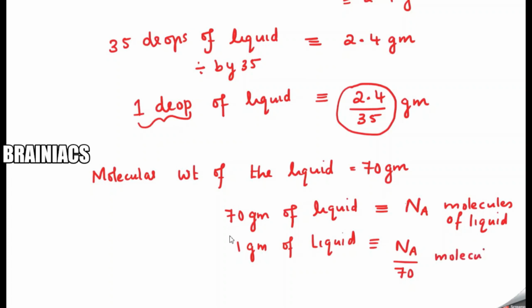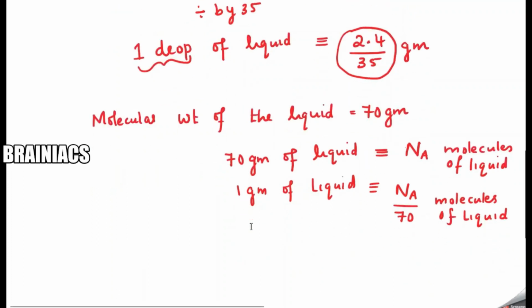Now, how to get it for 2.4 by 35? Multiply by that value, 2.4 divided by 35 grams.